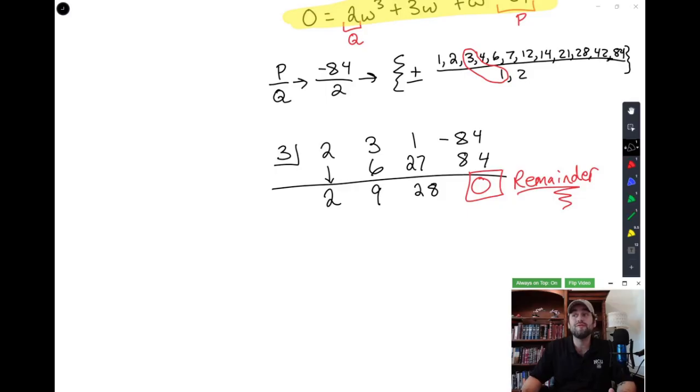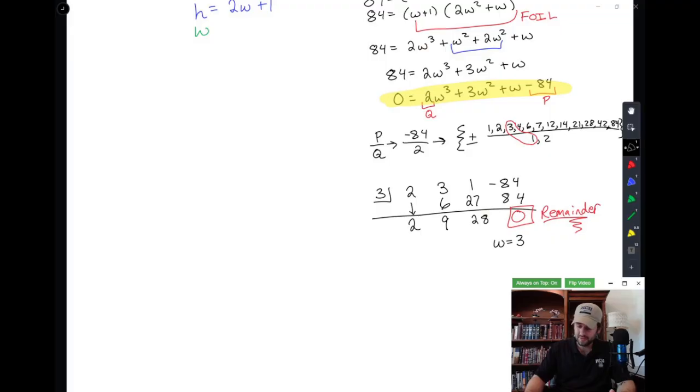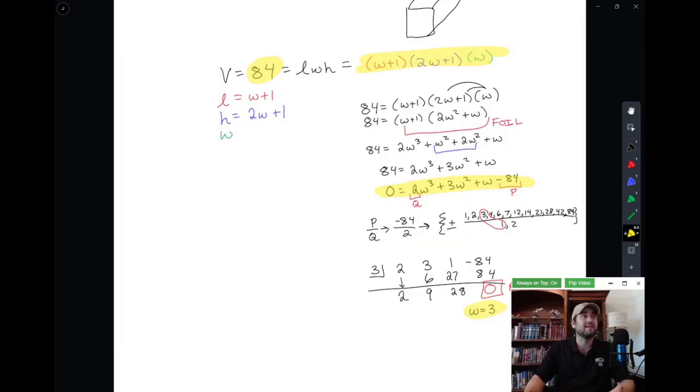Which means that one of the solutions to our equation was w equals 3. That means we could plug in 3 and get a solution for w. And now what we can do is use that solution for w to hunt down the length, the width, and the height.